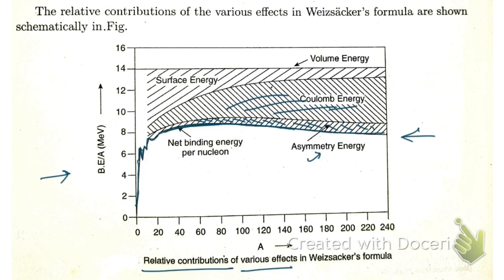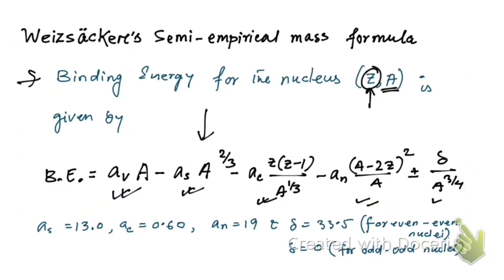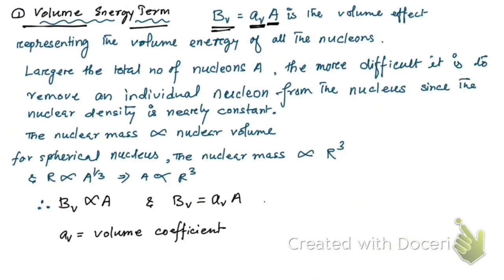Now let me explain the first term. The first term is the volume energy term. Let me write BV here, which is equal to AV times A. This is the first term, right? The volume effect represents the volume energy of all the nucleons.